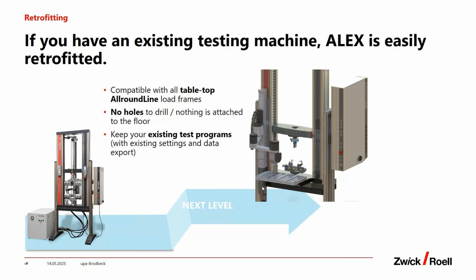Like I said before, if you have an existing frame, Alex can easily be retrofitted, adapted, attached to this existing load frame. It is compatible with the tabletop frames. No holes are necessary. It is attached to the T-slot on the left-hand side of the machine. And you can even keep existing testXpert programs and just add the auto-edition software for the automation.